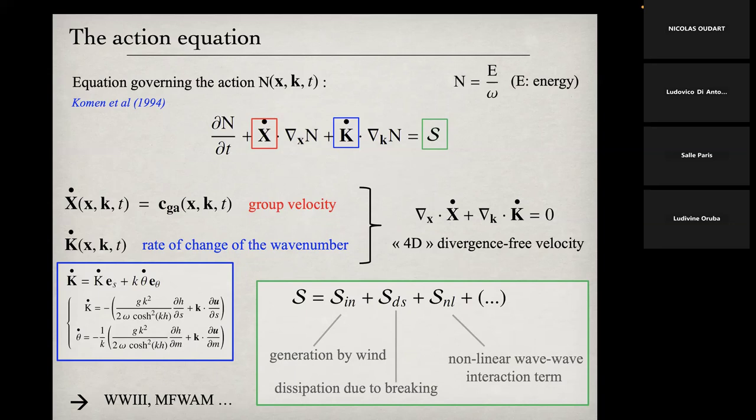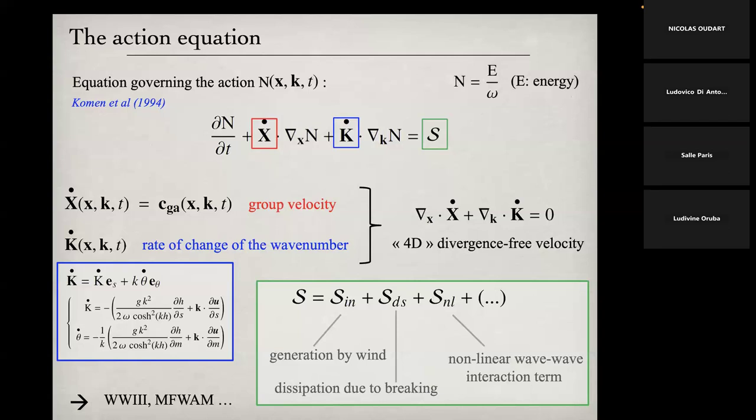This rate of change of the wave number is related to the inhomogeneities of the bathymetry and of the currents. And the total velocity field, which involves x dot and k dot, is a 4D velocity field which is divergence free.